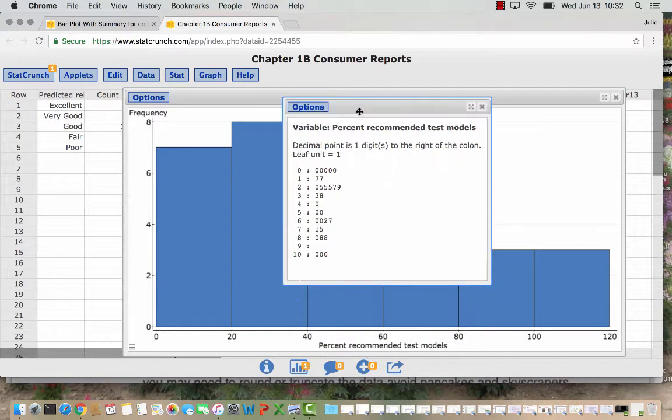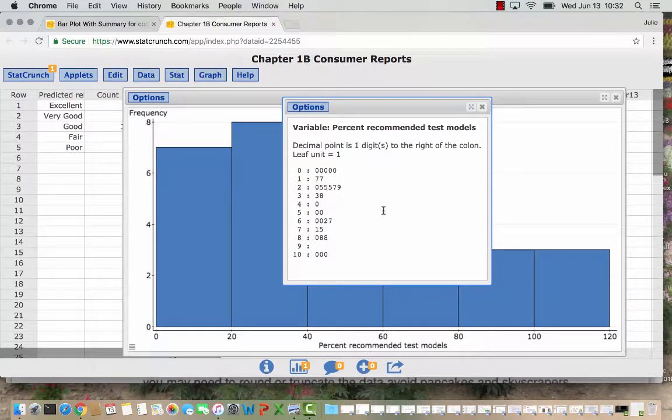And now we see we've got all the zeros, all the ones, meaning from the numbers in the tens. So this is telling us there were 2 values that were 17. This 2 now, because our leaf unit is 1s over here, is a tens place. So this is 20, 25, 25, 25, 27, 29.